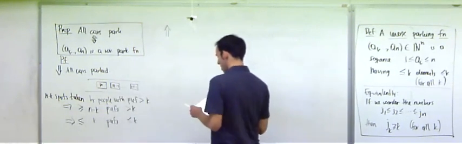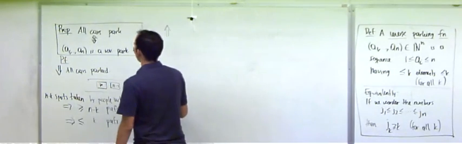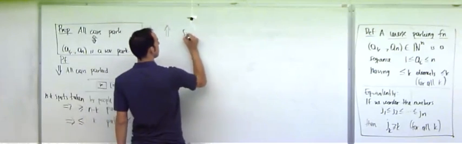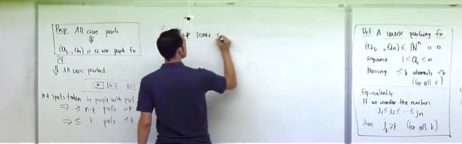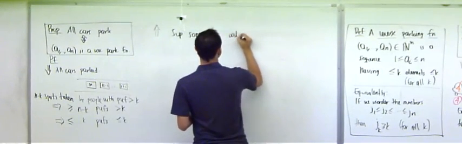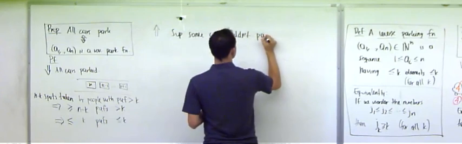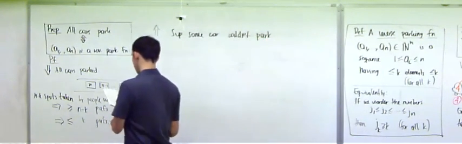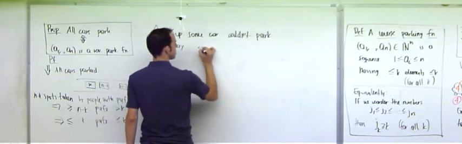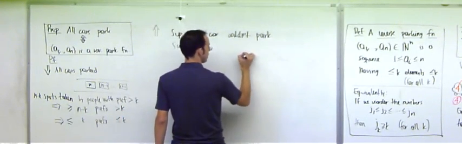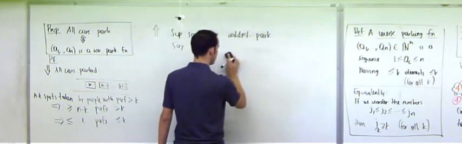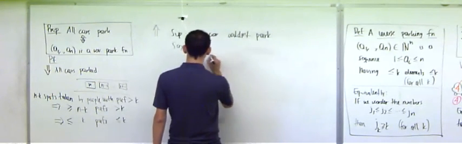Okay, now let's go in the other direction, but we'll do it with the contrapositive. So suppose that some car couldn't park. Let's just draw it in a picture.